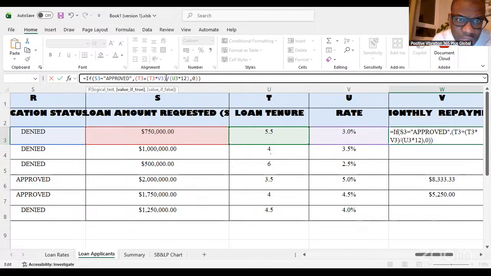You should have a bracket right there. Then now you're going to divide it by the tenure, which is U3 times that. And then close off the bracket as well.